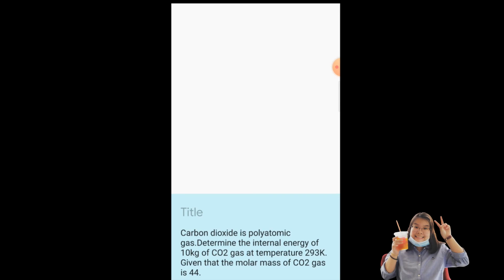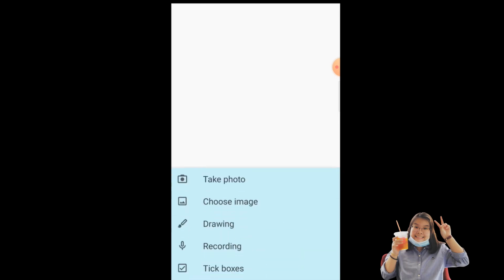Okay, first, what we need to do is to take out the information that the question gave. Carbon dioxide gas is a polyatomic gas. What information does this sentence give us?